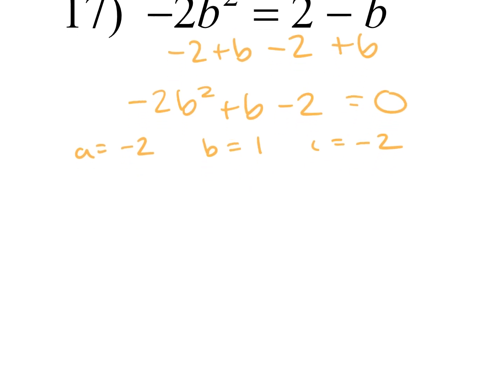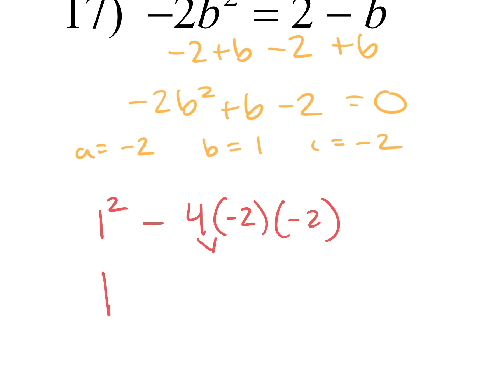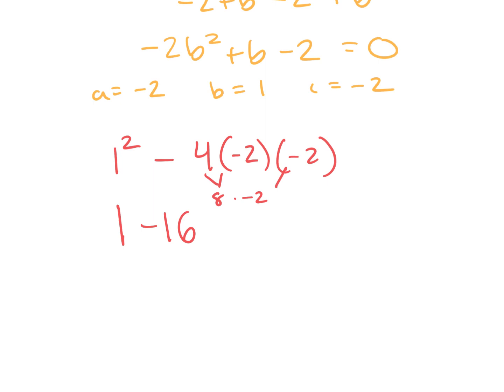All right, what should I do next? 1 squared minus 4 times negative 2 times negative 2. What's negative 4 times negative 2? 8, and 8 times negative 2? Negative 16. So what's 1 minus 16? No real solutions because it's negative.